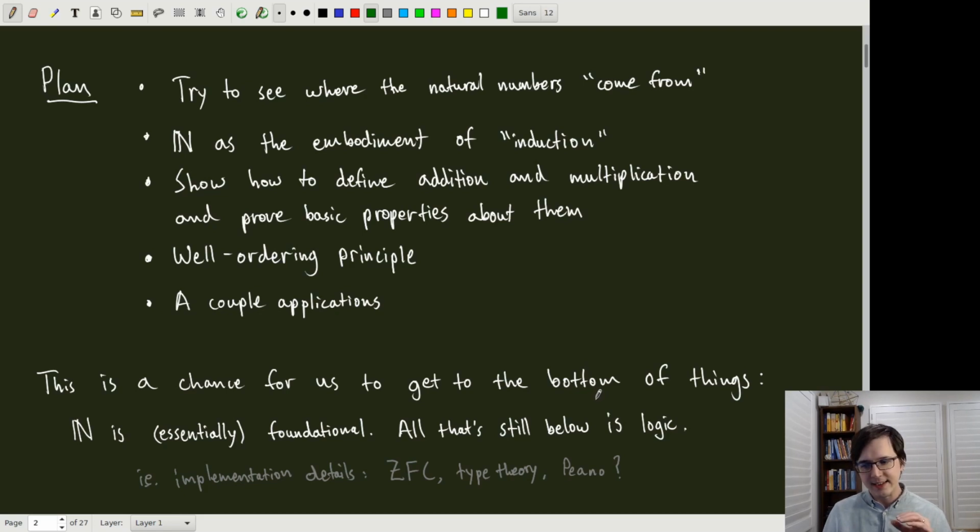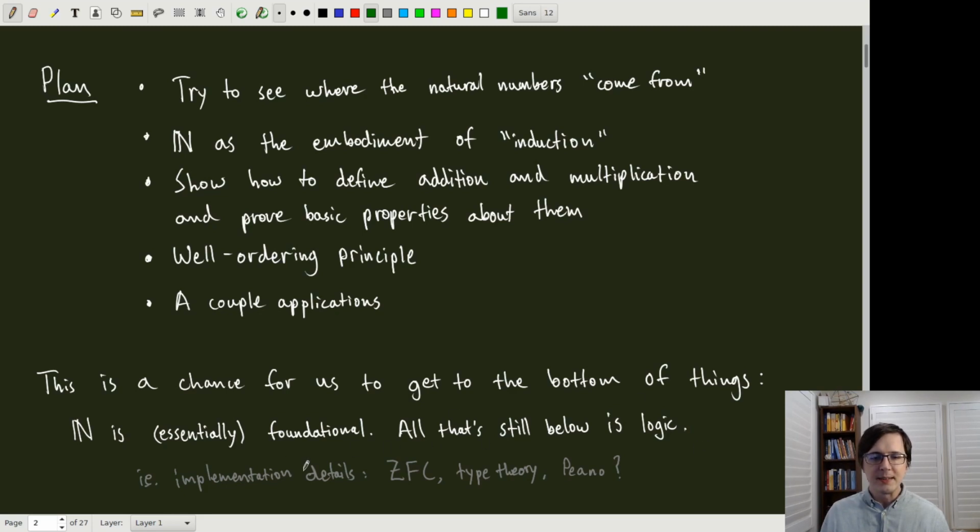Because, like in calculus, you assumed that the real numbers existed, and really what are those? And those are a lot more complicated than the natural numbers. The natural numbers are this essentially foundational object that we just assume exists. And really everything below that is just logic, so no more math below.